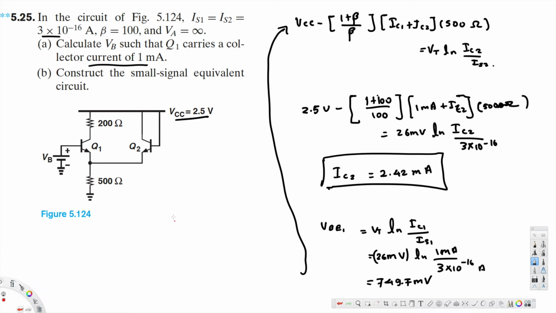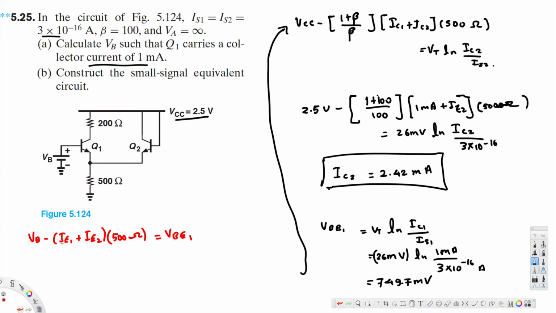Now the A part is asking for the VB voltage. Again we are going to apply KVL here in terms of VB. VB minus (IE1 plus IE2) times 500 ohm is equal to VBE1.